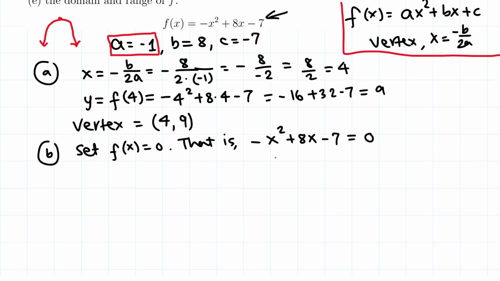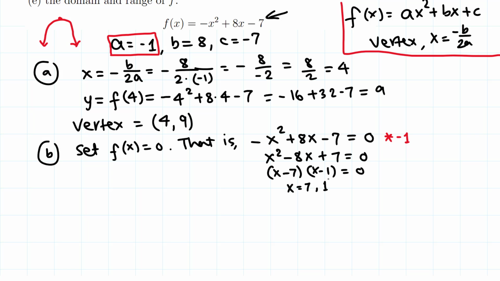That makes x squared minus 8x plus 7 equals 0. I'm multiplying by negative 1 just to get rid of the negative in front. Now if it factors, we can solve by factoring; otherwise we need the quadratic formula. It factors here: 7 times 1 is 7, and 7 and 1 make 8, so both are negative. From this factor we get x equals 7, from this one we get 1.